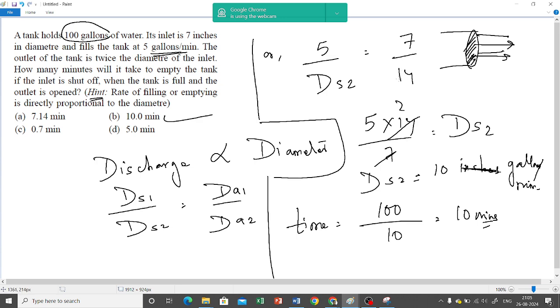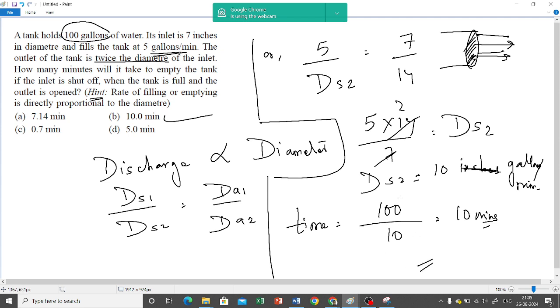What is the new diameter? It is given twice the diameter, that means 14. Now find out ds2. So ds2 is 10. This ds2 is the volume of water that is going to come out from the outlet pipe. So what is the time?